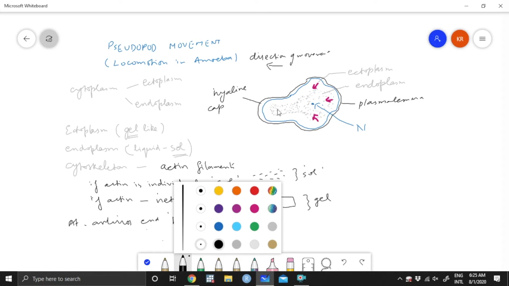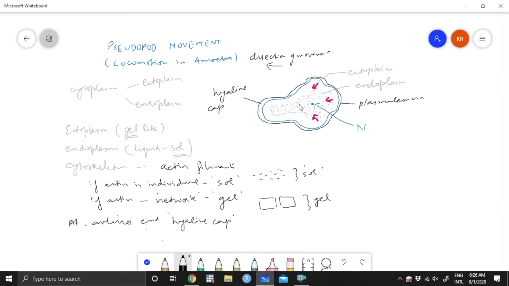So it gets pushed. So internally here there is a tube-like region which is getting developed. A thin tube-like structure is developed.